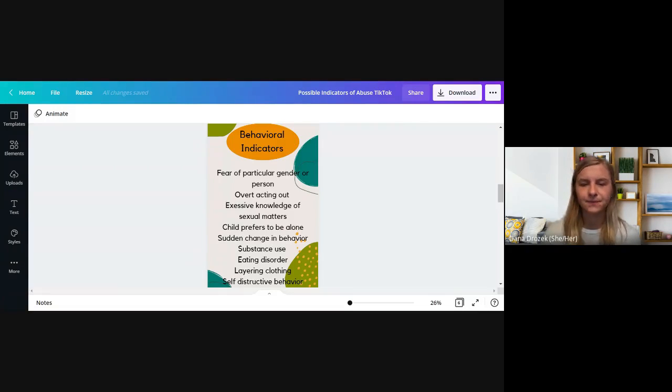Something like that. Or overt acting out, excessive knowledge of sexual matters, or even when a child prefers to be alone, right? If they start to isolate themselves, they're very quiet, or they have this sudden change in behavior where normally they act a certain way and then they suddenly change and act a different way.